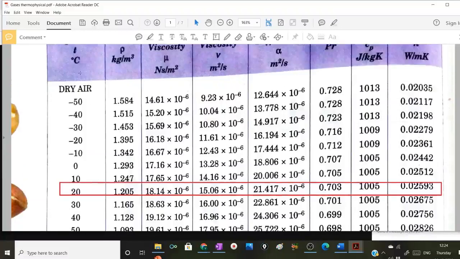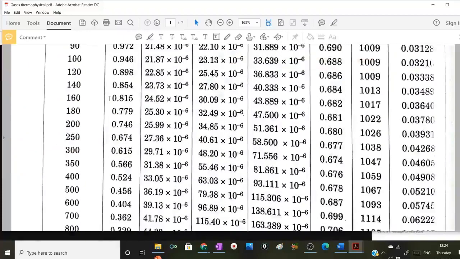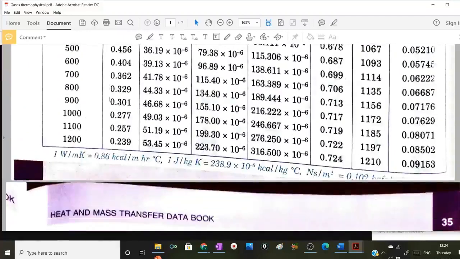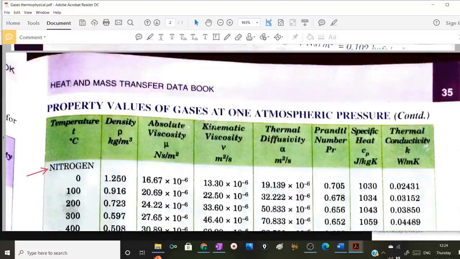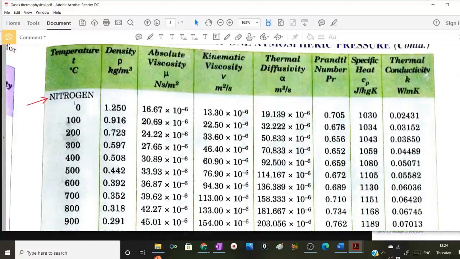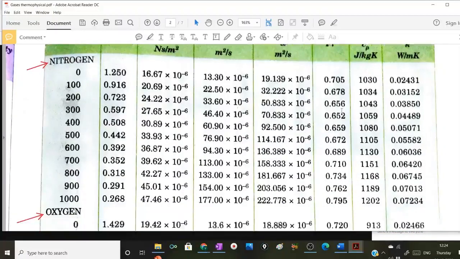So the very first gas is given as dry air. So you go on visiting your pages, the thermophysical properties are given. And mind well, the unit of temperature is taken as degrees Celsius. Similarly, for nitrogen at different reference temperatures, all thermophysical properties are listed.